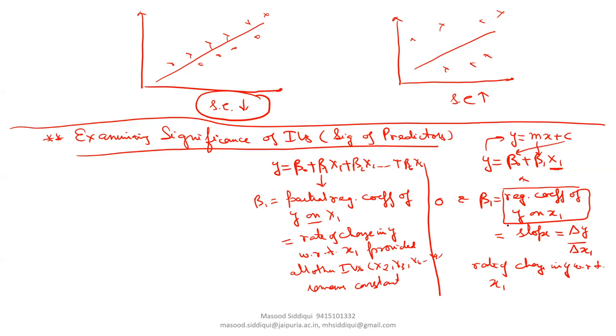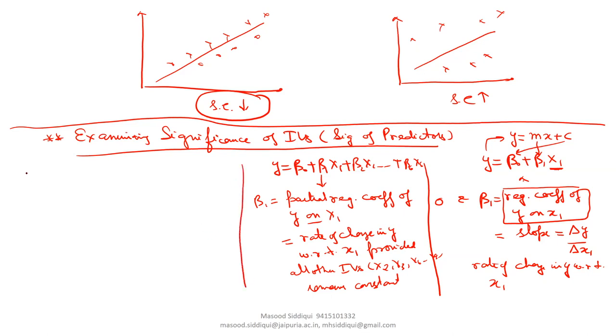That was not required in the bivariate case because we had a single variable. So beta 1 is the partial regression coefficient of y on x1, which gives the rate of change in y with respect to x1, provided all other independent variables remain constant. In the same manner, beta 2 is the partial regression coefficient of y on x2, the rate of change in y with respect to x2, provided x1, x3, x4, x5, x6 remain constant. So this is the concept.